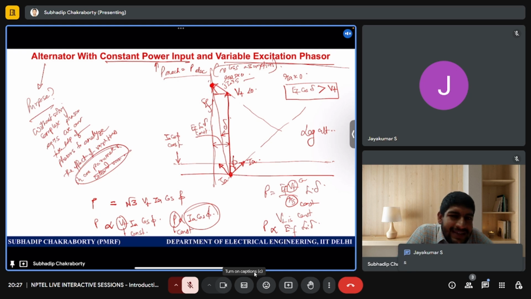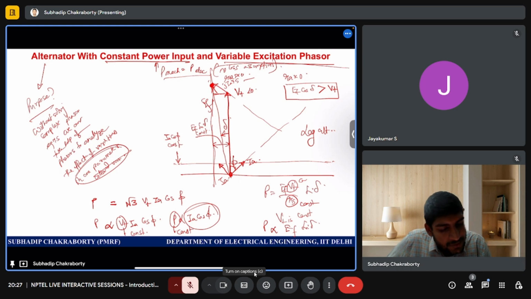That means somehow EF you need to supply more, right? In some sense. So this condition is termed as overexcited.